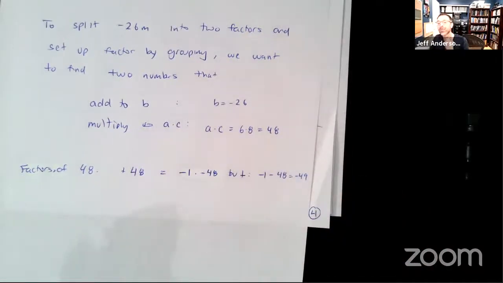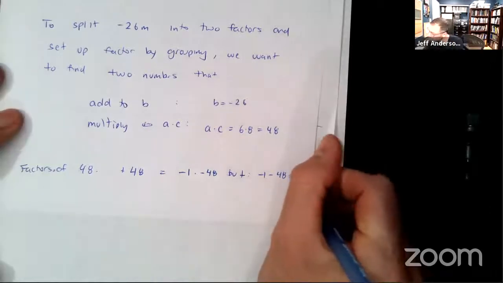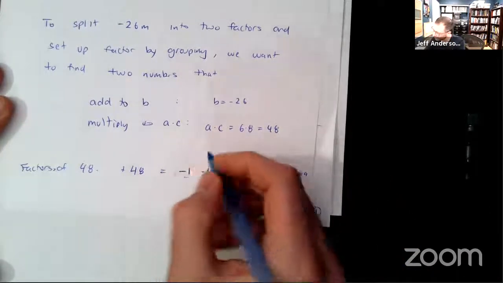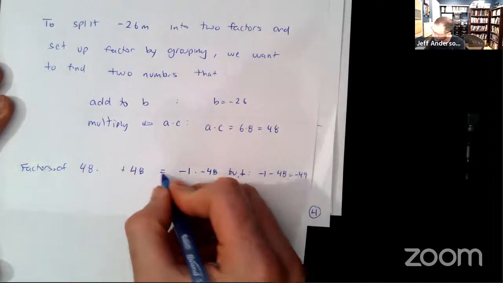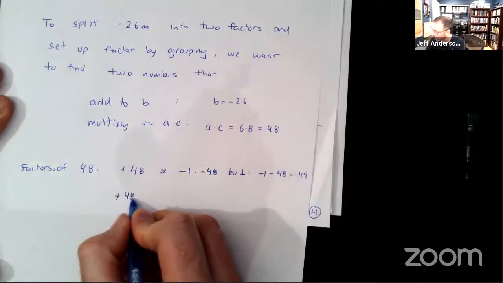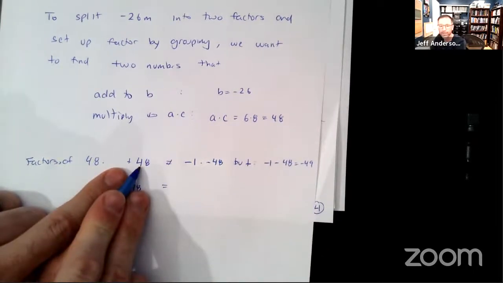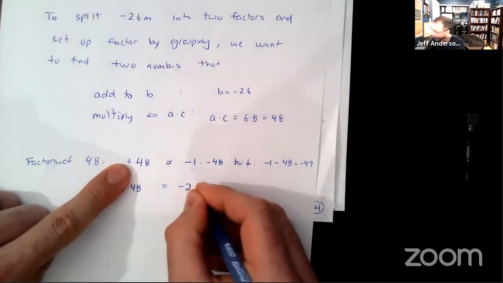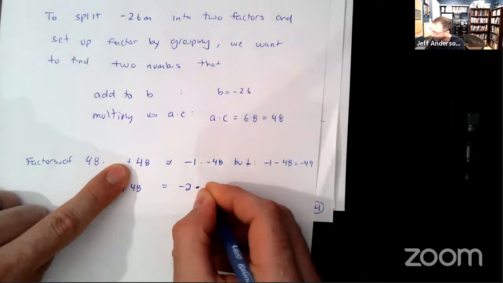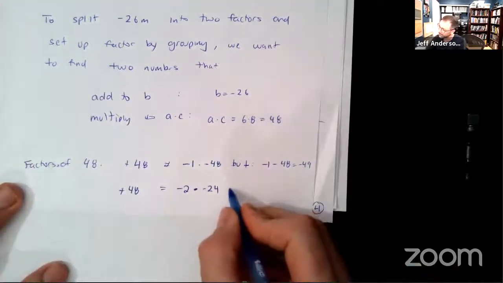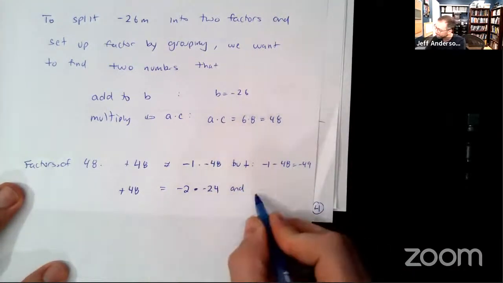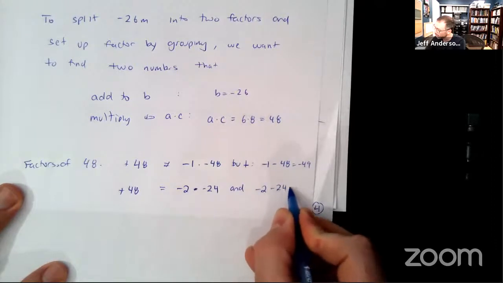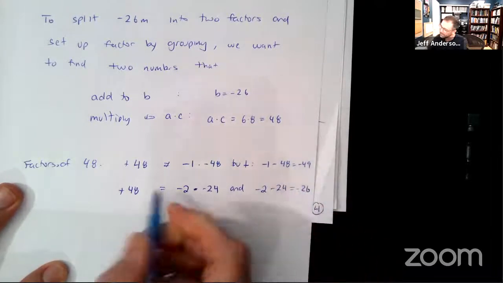That's definitely not equal to negative 26, so that's not it. Okay, let's try another one. Let's just go ahead and divide by 2. 48 divided by 2 would be 24, so minus 2 and minus 24. Oh my God, we got super lucky. Minus 2 minus 24 is minus 26. Ding, ding, ding! This is the one we want.